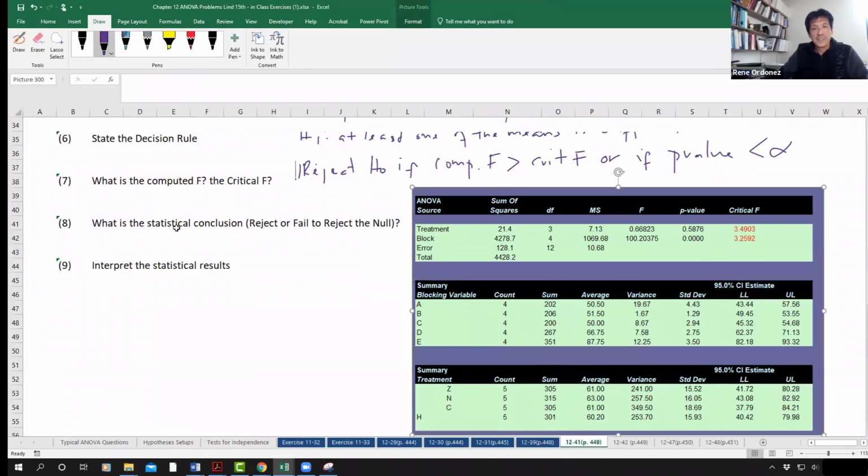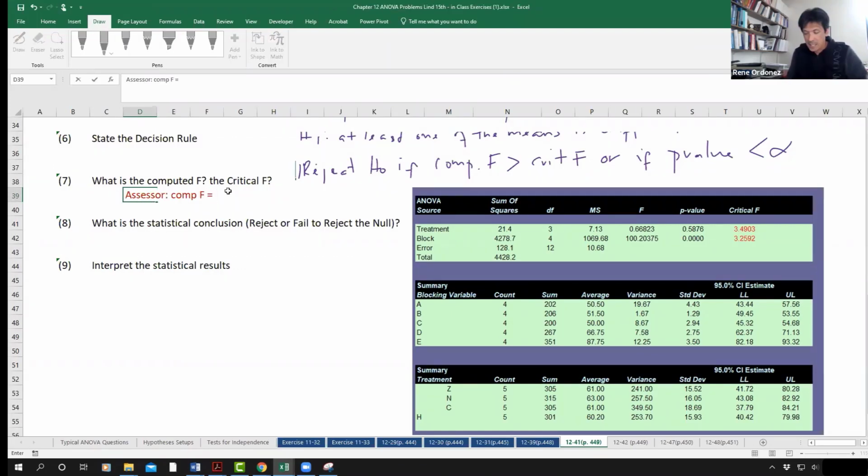Okay? So the computed F for the assessor is equal to 0.66823. It's quite small. And the critical F is 3.4903. And the p-value is, again, quite high.